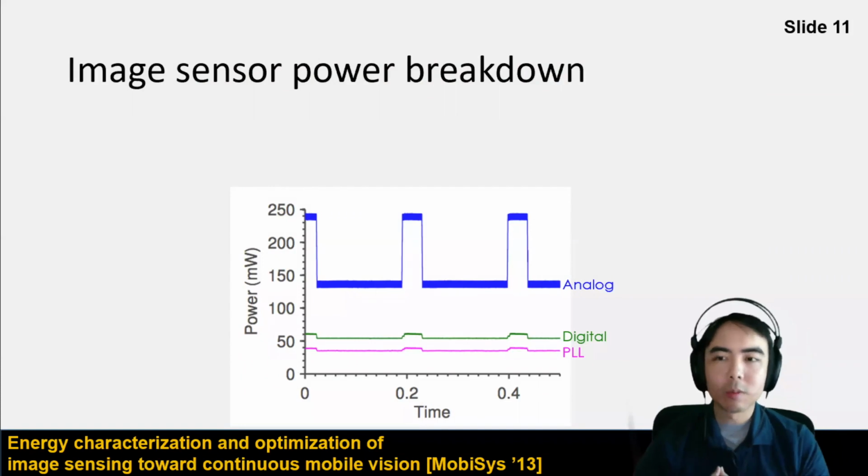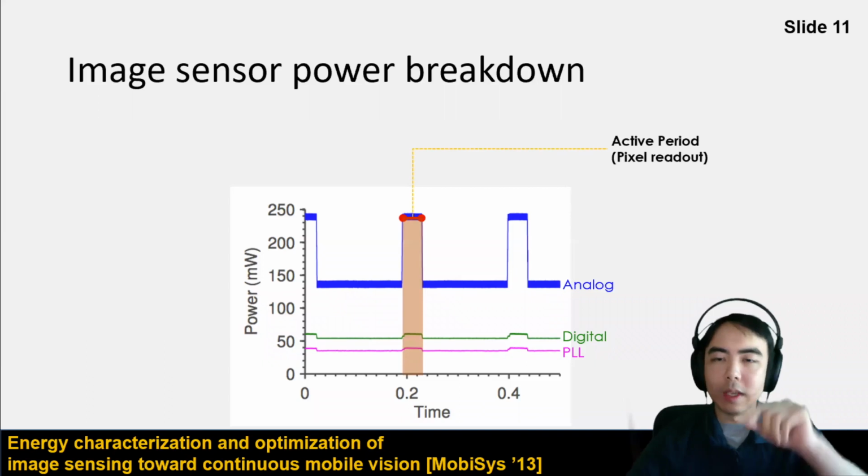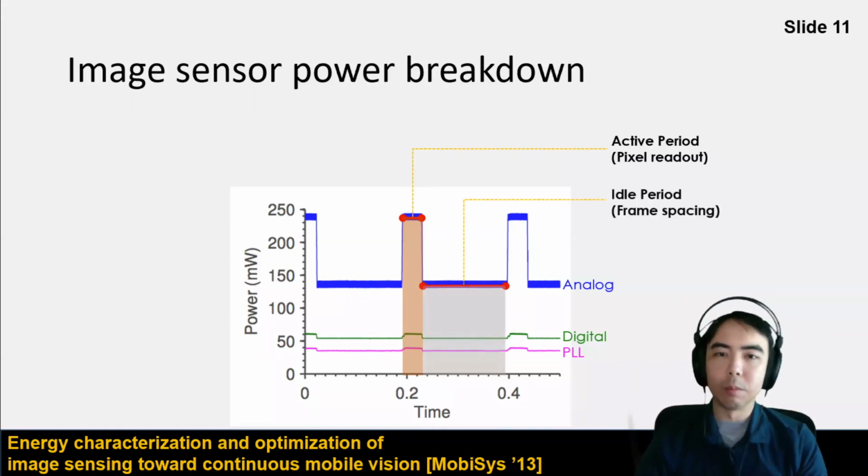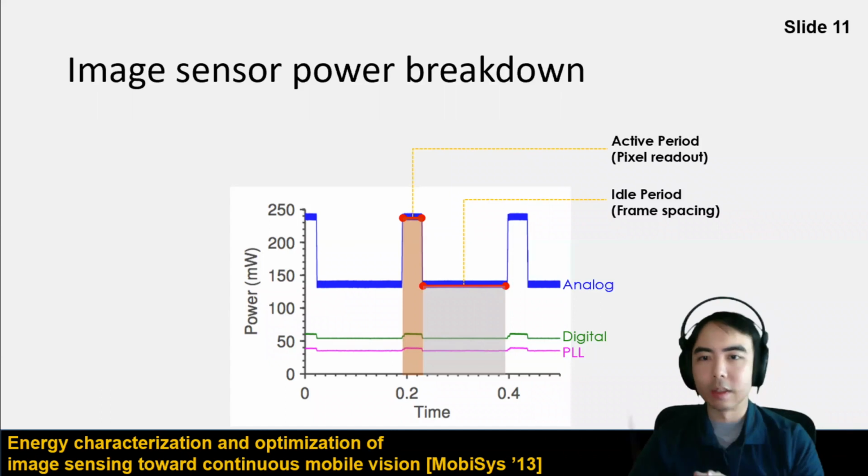These waveforms are interesting because you see there's a raised component. What we realized is that it's due to the pixel readout process, where it's doing those conversions and reading the pixels out over the interfaces. Then there's an idle period, which is really just spacing your frames out until you're ready to sense the next frame.